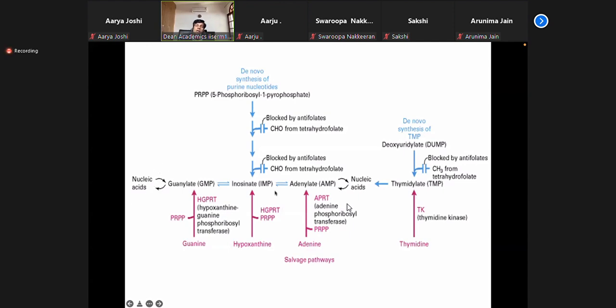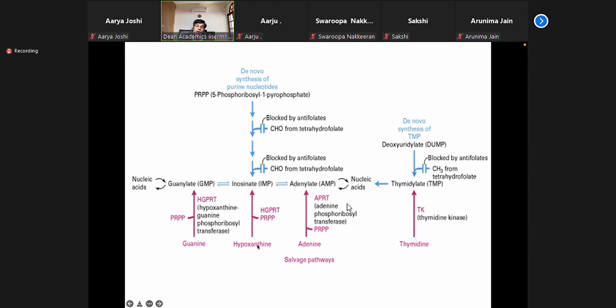Now with the de novo synthesis pathway, if you add aminopterin, this will block this pathway. So this pathway is not going to work. So now these cells actually have to survive only with the salvage pathway. The salvage pathway is basically an accessory pathway which can generate these nucleotides from precursors such as hypoxanthine.